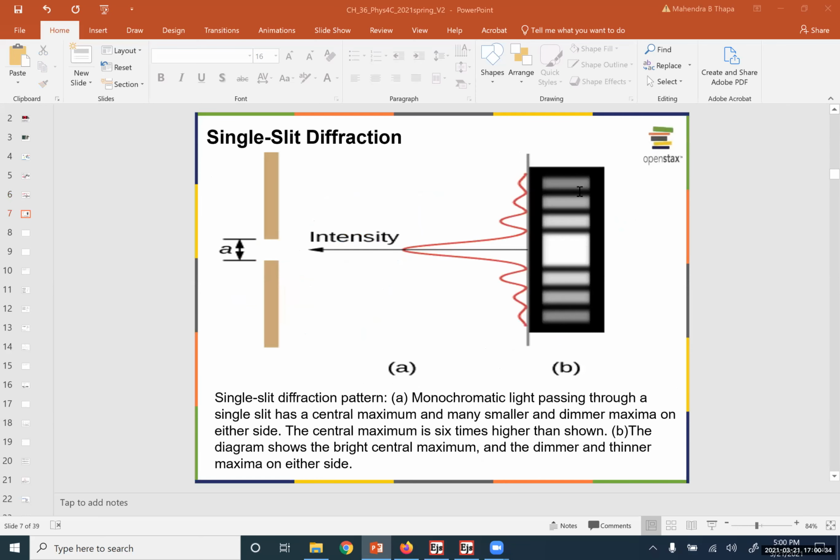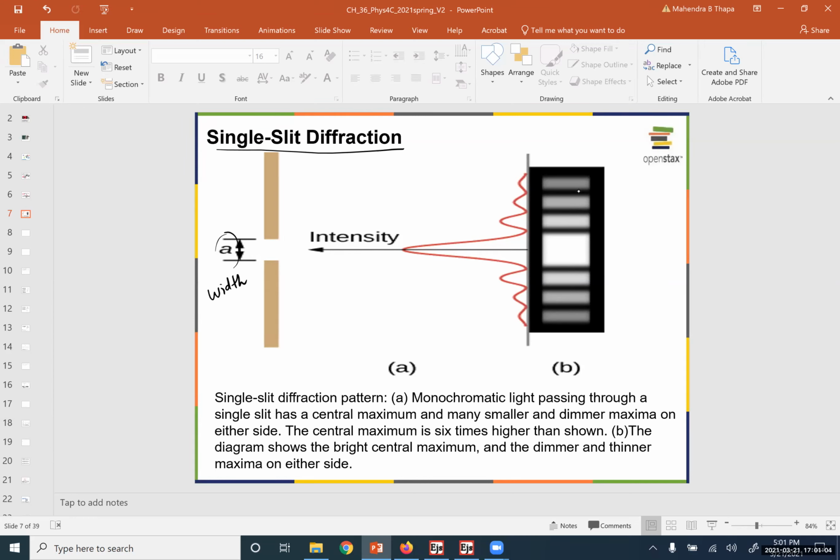Let's talk about the single slit diffraction. Okay, single slit. So you see that if there is a single slit, and its width is a, and light passes through this, so this means a light electromagnetic wave can pass through this hole or small opening.